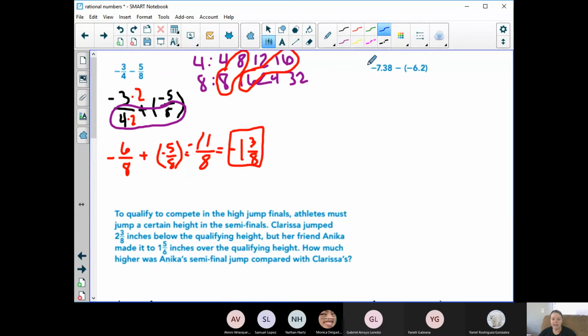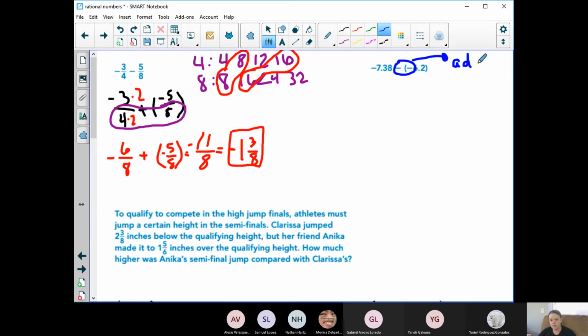All right, let's look at a decimal. -7.38 minus -6.2. Now we learned last week that if I have minus a negative, this is two negatives, and that means we're going to do the opposite, or add the opposite of 6.2.